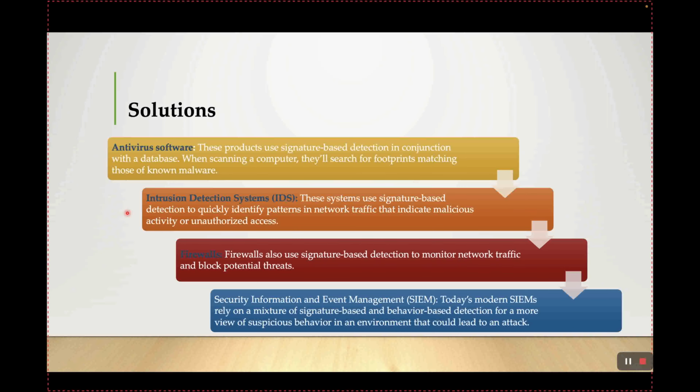It can tell you if there's malicious activity or unauthorized access. Firewalls also use it to monitor network traffic and block potential threats. SIEM systems as well. However, today's modern SIEMs rely on a mixture of signature-based, behavior-based and anomaly-based detection for more view of suspicious behavior in your environment.